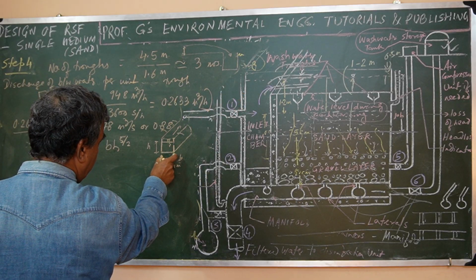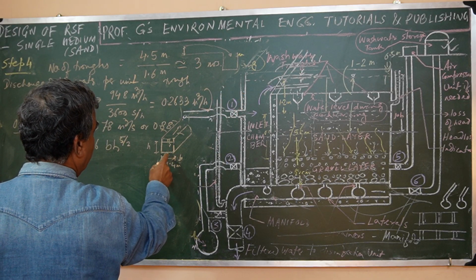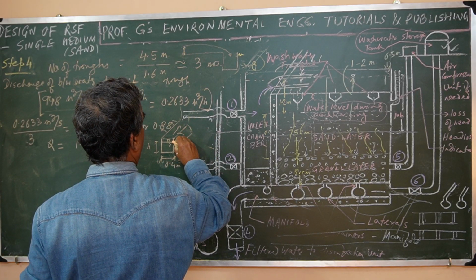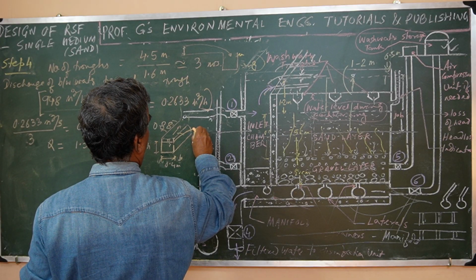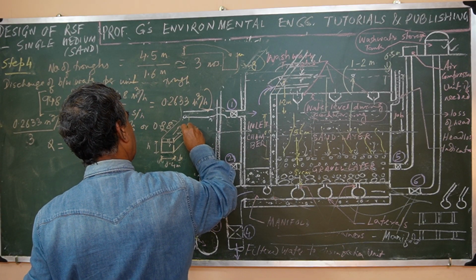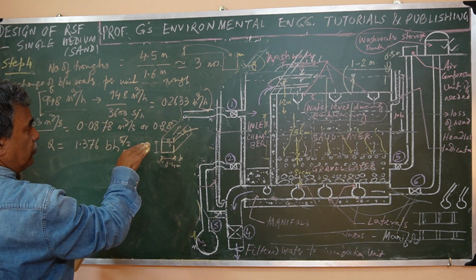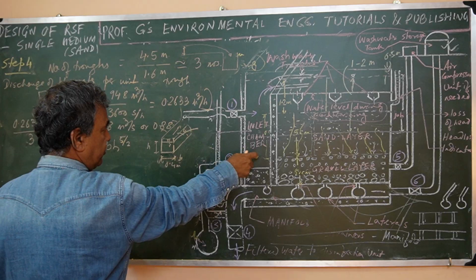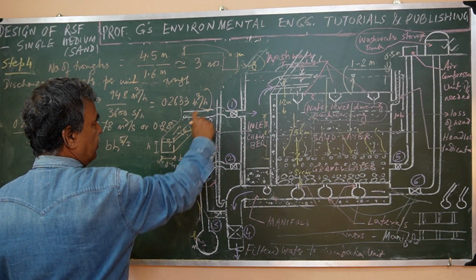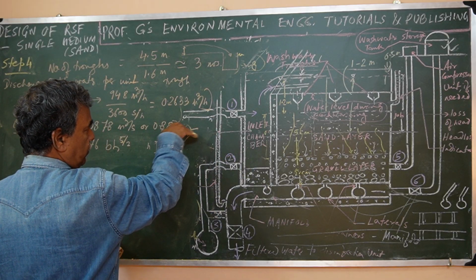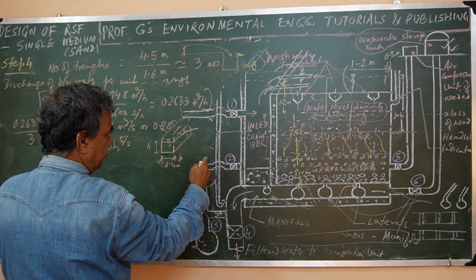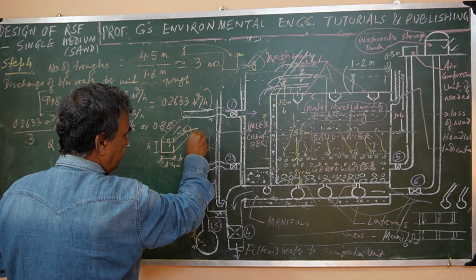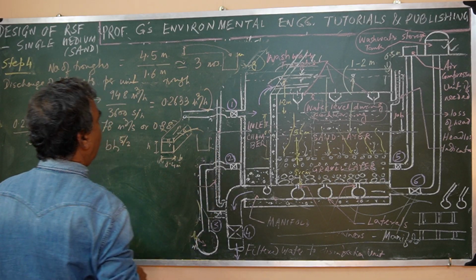In one wash water trough system, along its length, the water will be falling like that, into the gullet, after traversing this distance.